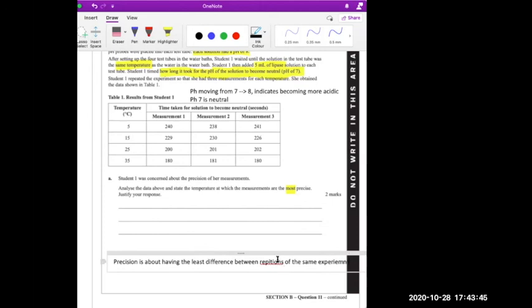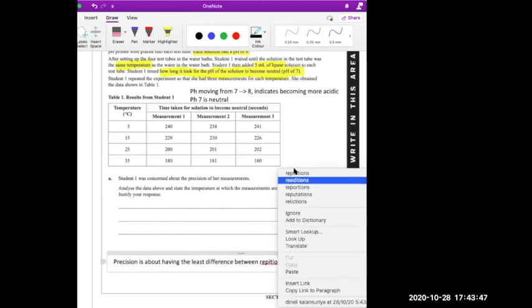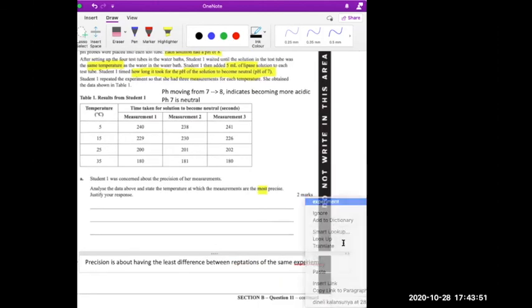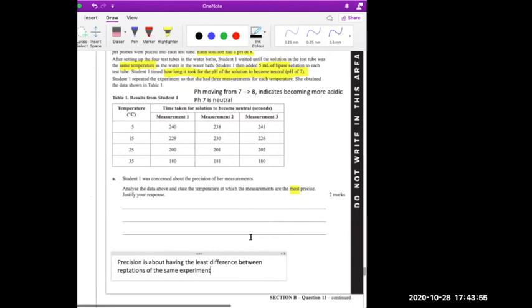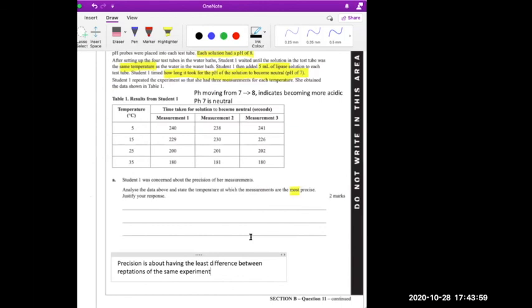Right, because it shows that even if you're doing something wrong each time, at least you're doing the same thing wrong each time. So it's still indicative of the same experiment. So it's not like you're being precise because you're doing the same thing all 3 times or all 10 times that you're repeating it. That's shown by the fact that your results are very similar.